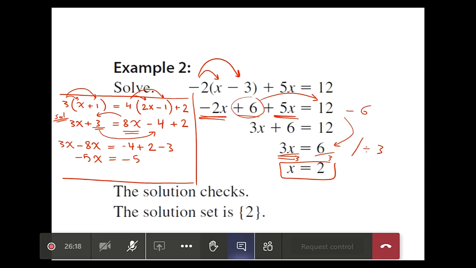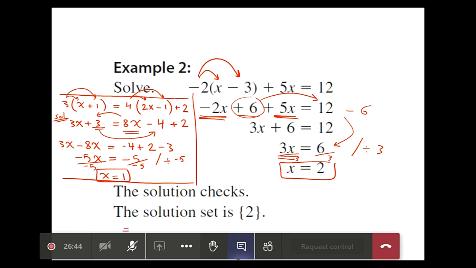By dividing by negative 5, what is the value of x? x equals 1. How can we verify whether this is correct or not?